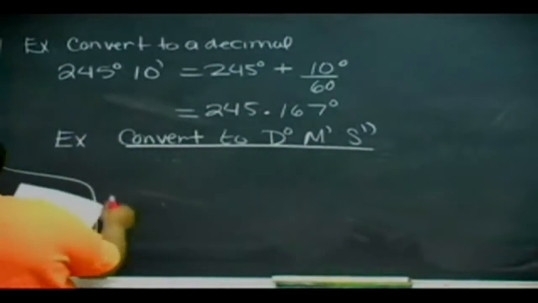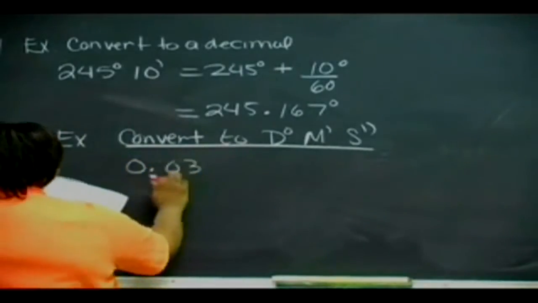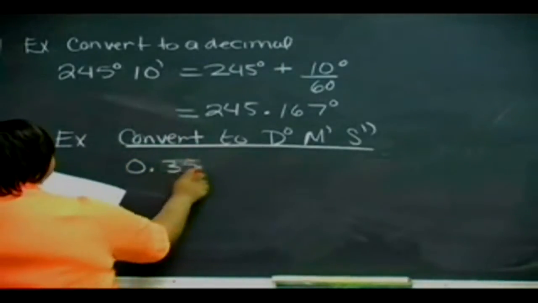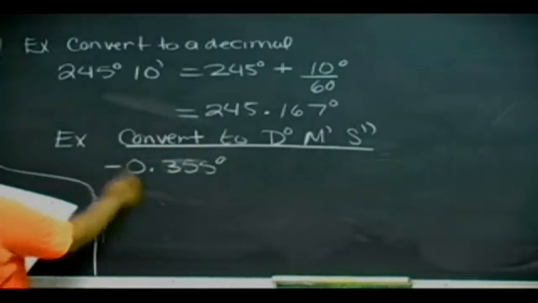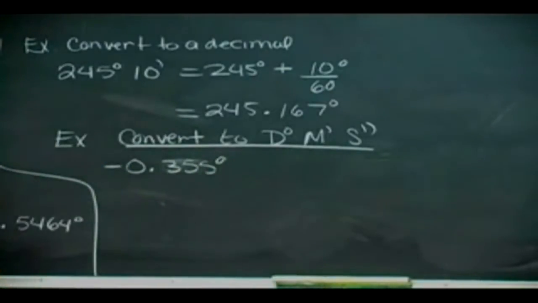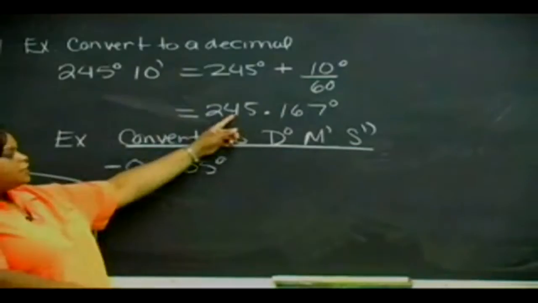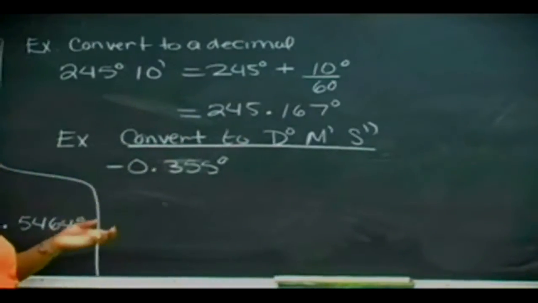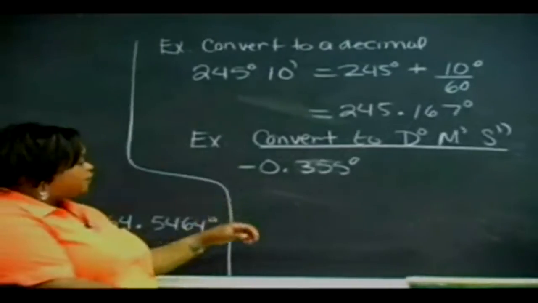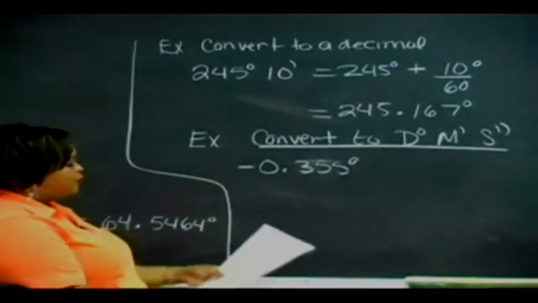Suppose we have negative 0.355 degrees. The whole number portion tells us what goes on this side of the decimal, so we know we're dealing with negative 0 point something degrees. We have to find out the minutes and the seconds. So how do we find out the minutes and the seconds?